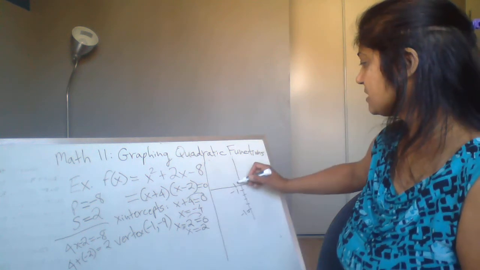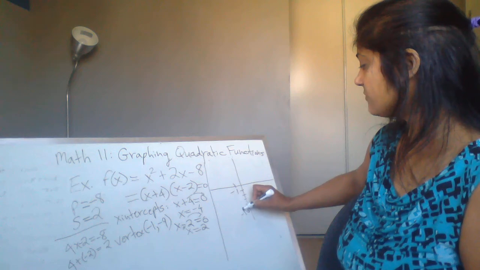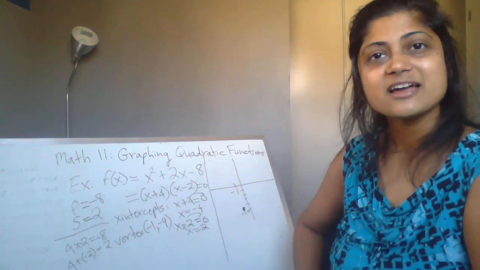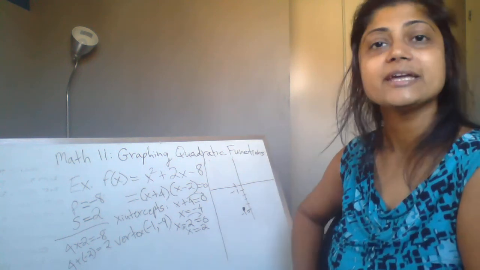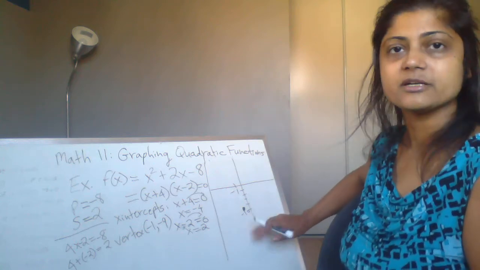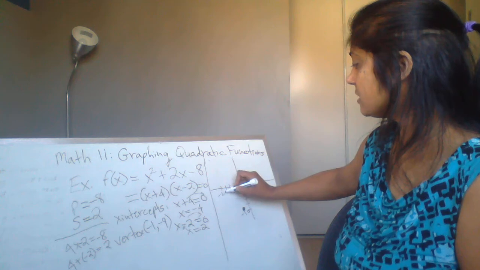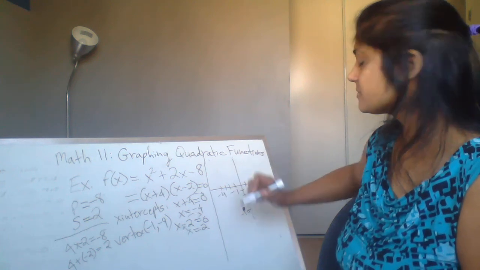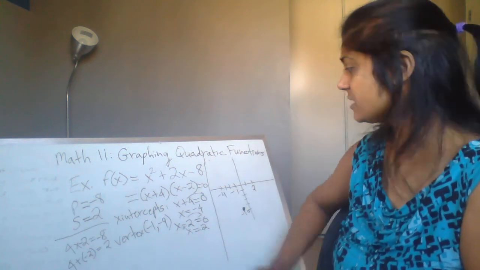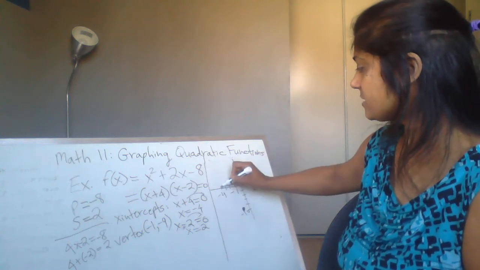All right, so let's start off with this. We have our vertex. It is at -1 and -9. So I just drew a dot there. I'm plotting that out. The second thing we're going to graph out is the x-intercepts. I can see my x-intercept was at -4.